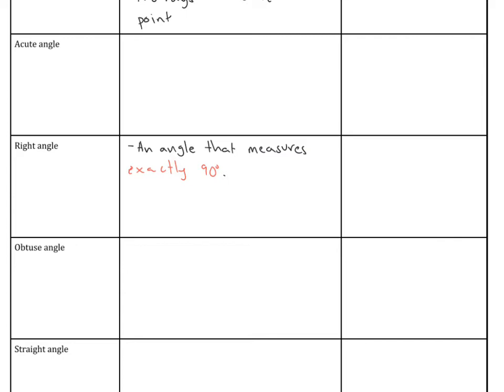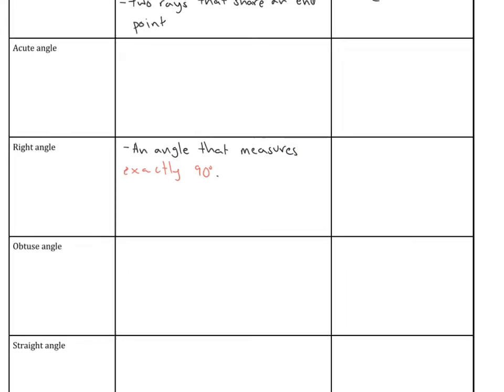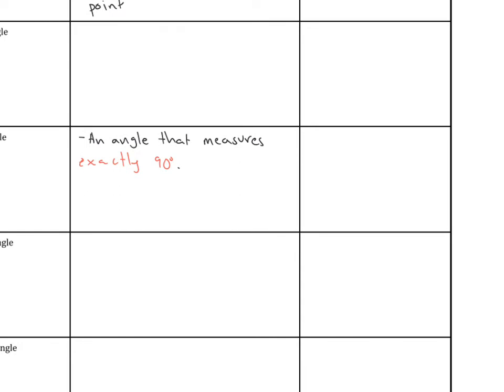What that looks like is an angle that basically looks like the corner of a box. So here is one ray, here's the shared endpoint. This is a right angle.